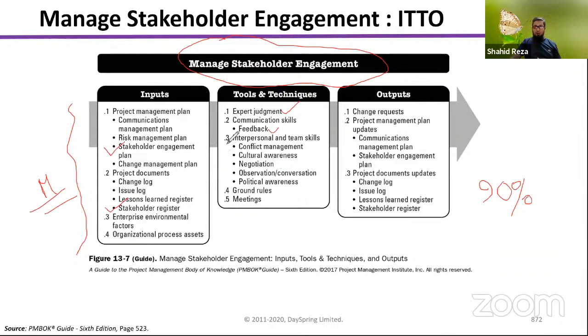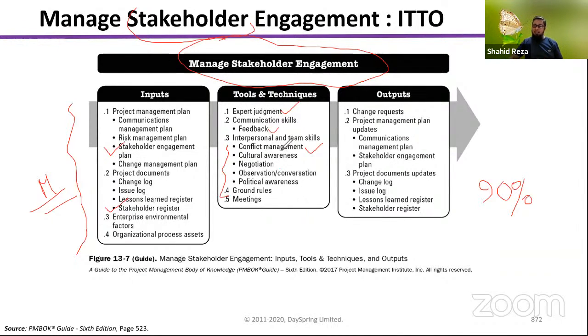And another very important thing, as you are dealing with stakeholders, that means people. When you're dealing with people, you have to use your interpersonal skills, which means soft skills and team skills, because you are dealing with the team. So conflict management, a lot of conflict will arise. As a project manager, you have to know how to handle conflicts.